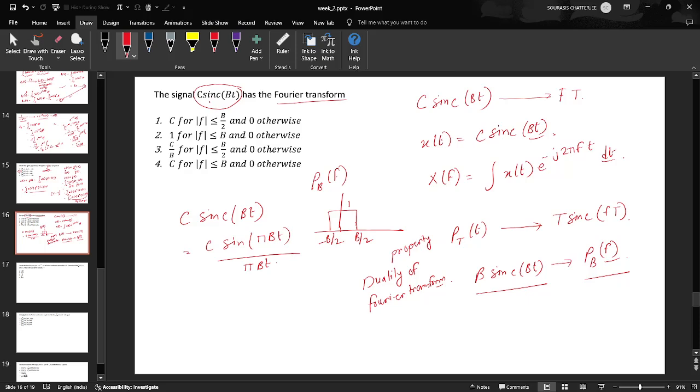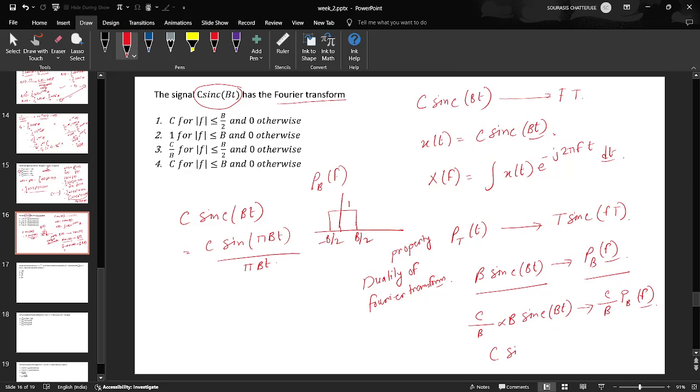Now we are given c sinc bt, right? So both sides we multiply by c over b. c over b times b sinc bt has the Fourier transform c over b p_b(f).